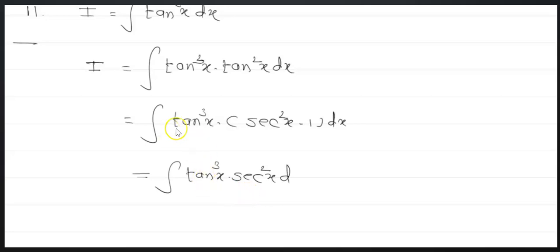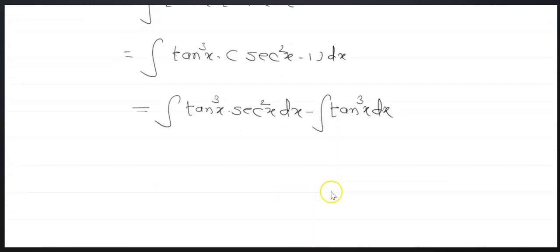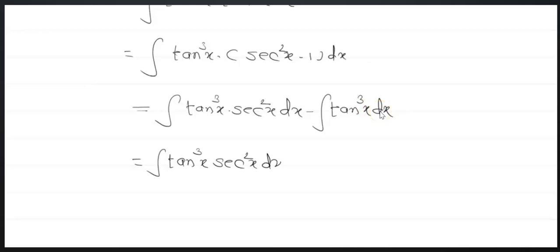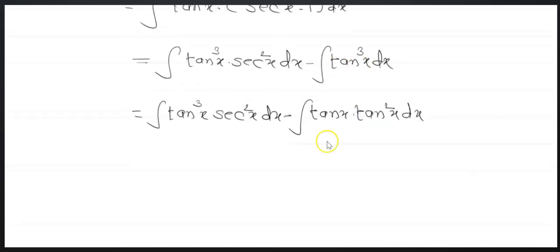This is again their multiplication, that is integral tan square x into tan cube x into sec square x dx, minus integral tan cube x dx. Now again this tan cube x can be written as tan of x into tan square x.